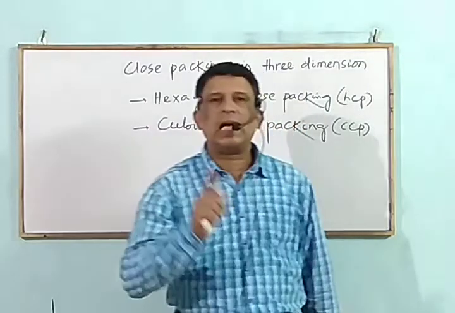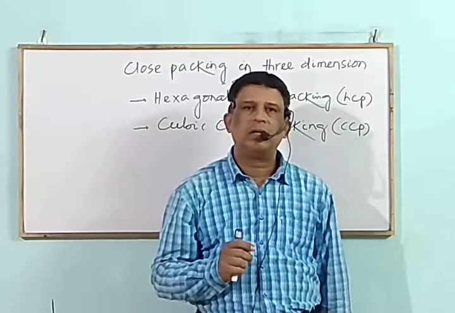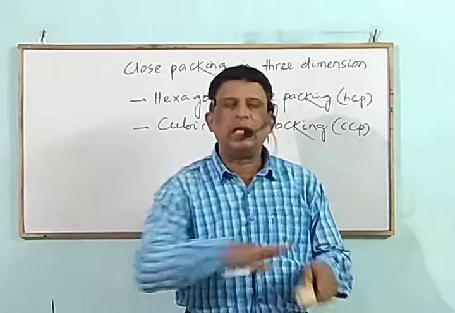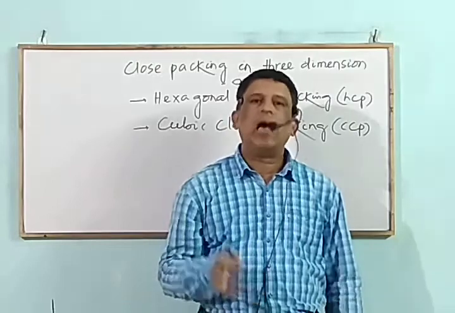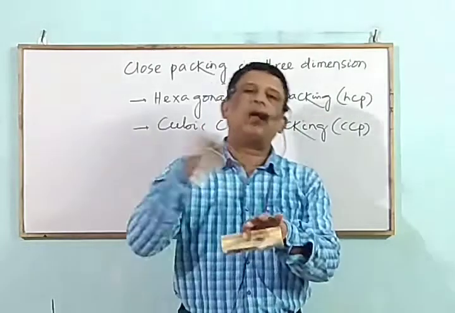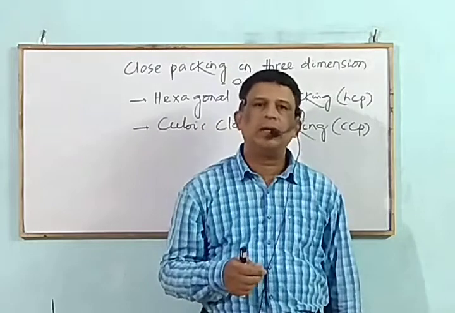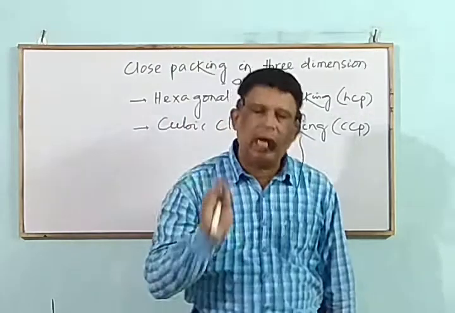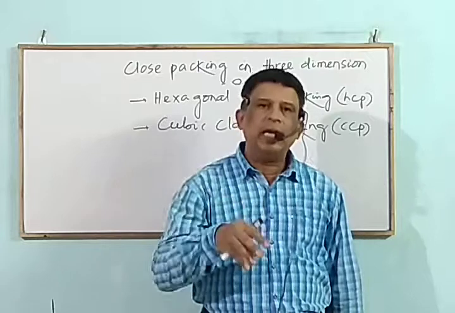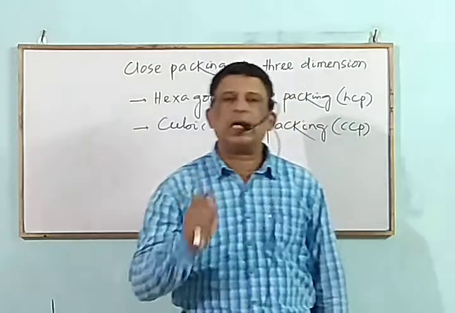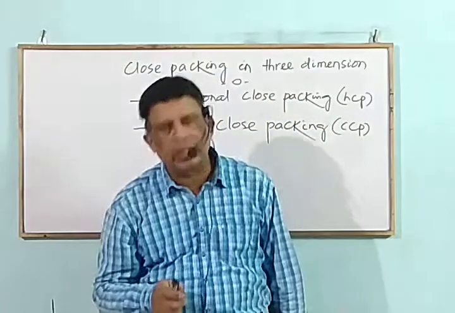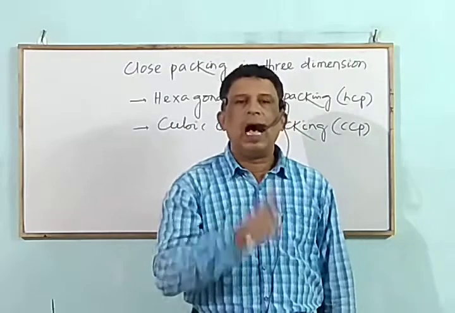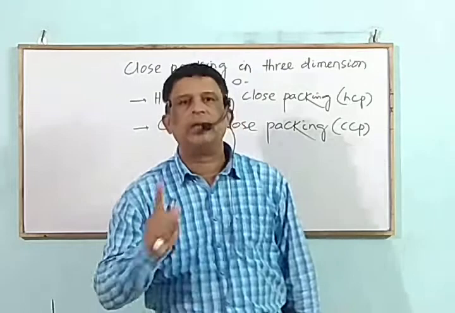In hexagonal close packing, when one hexagonal plane is arranged over another plane, the constituent atoms present in the second layer lie in the depression of the first layer in such a way that the atoms in the two different layers are aligned differently.